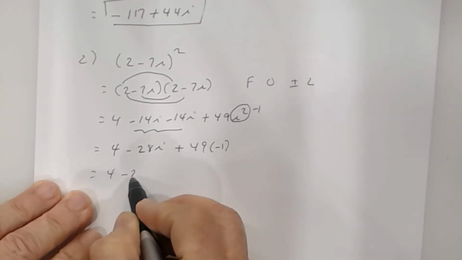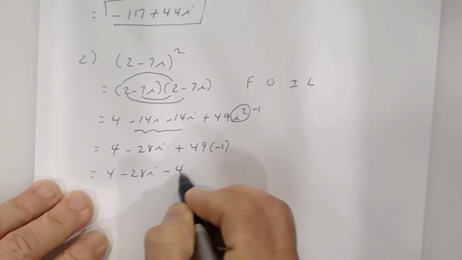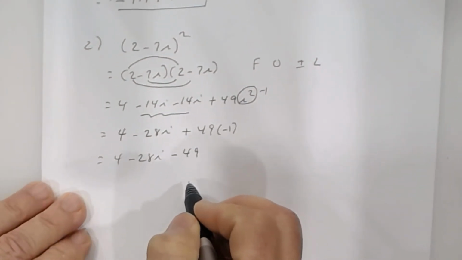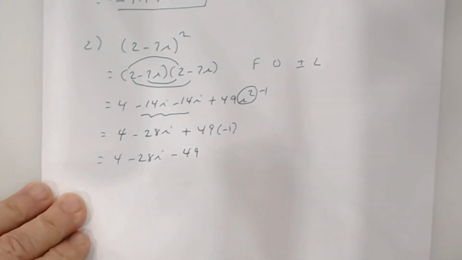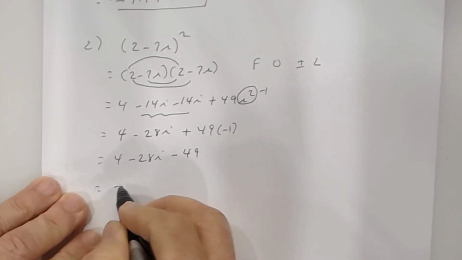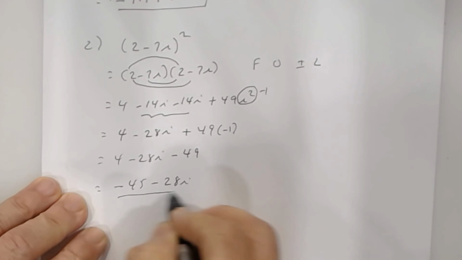So that's 4 minus 28i, and then what's 49 times -1? Am I done? No, why not? I write in standard form. Combine like terms. So 4 minus 49 is negative 45 minus 28i.